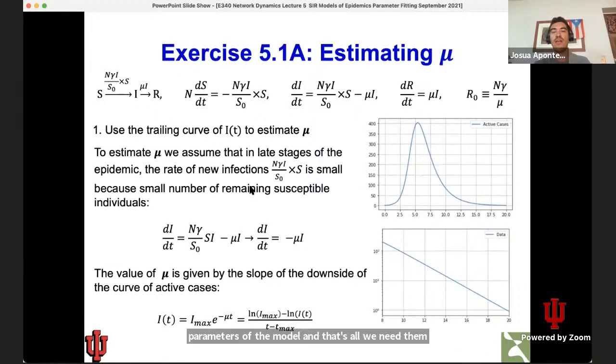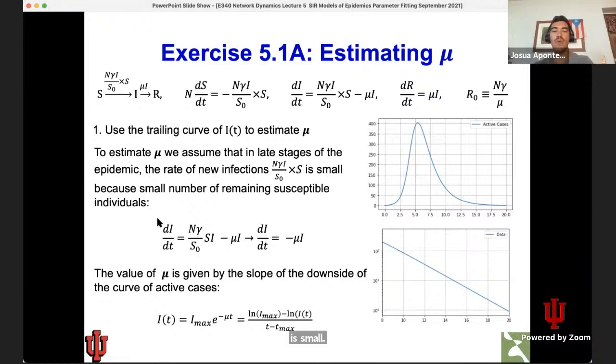The first part is to use the trailing end of the active cases data to estimate the parameter mu. The reason is that we assume that in this trailing part of the curve, the rate of new infections is small, because the number of remaining susceptible individuals is small.